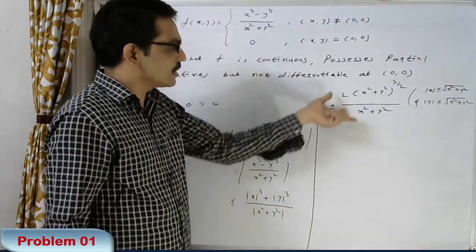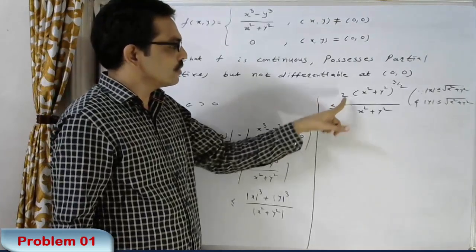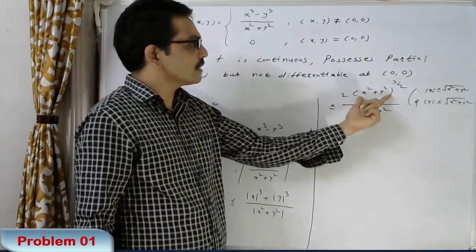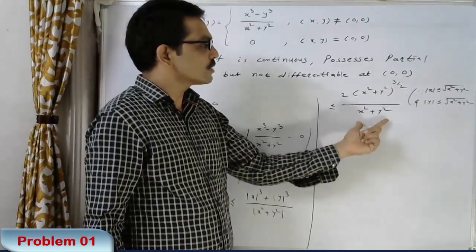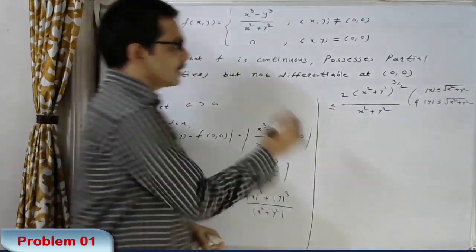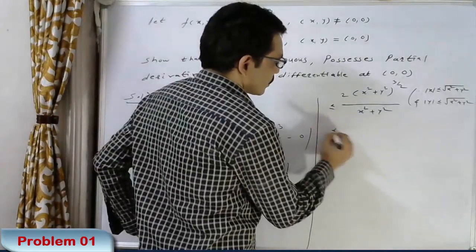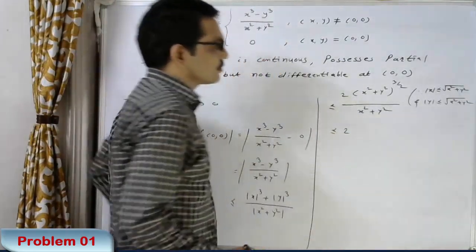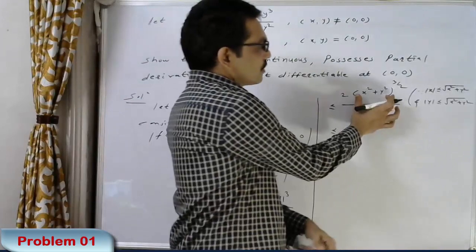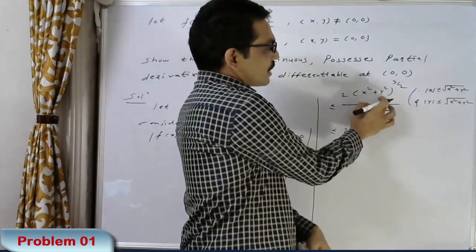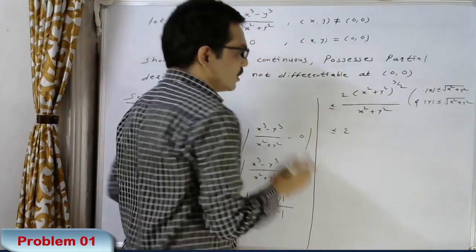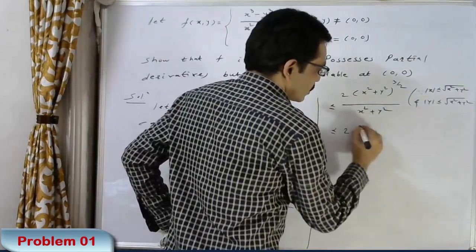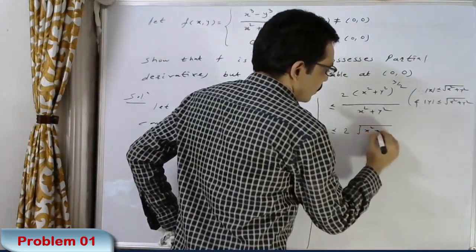Therefore, this one is less than or equal to 2 times (x square plus y square) raised to 3 by 2 divided by x square plus y square. Then this one is less than or equal to 2 times (x square plus y square) raised to 3 by 2 minus 1. Then here we get the square root of x square plus y square.